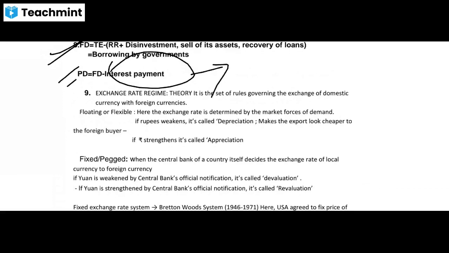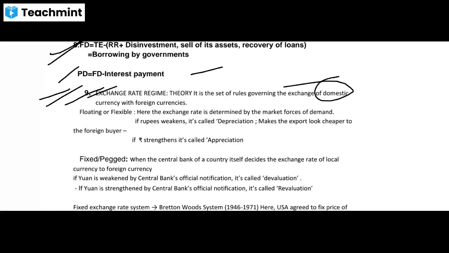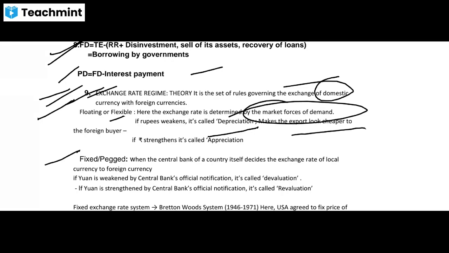So what is this exchange rate? It is a rule governing the exchange of domestic currency with foreign currencies. There are two types, your floating exchange and your fixed or pegged exchange. Floating or flexible exchange is the exchange rate determined by the market forces of demand and supply.